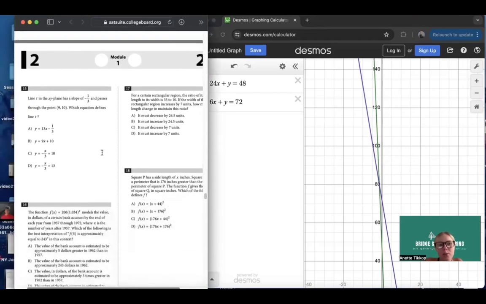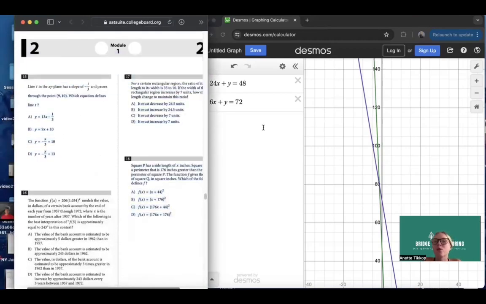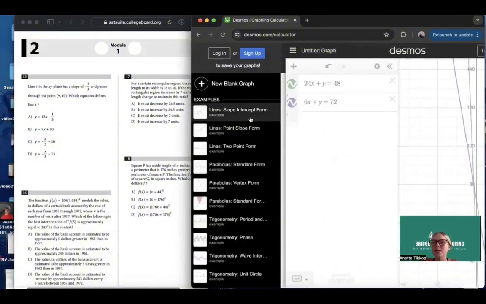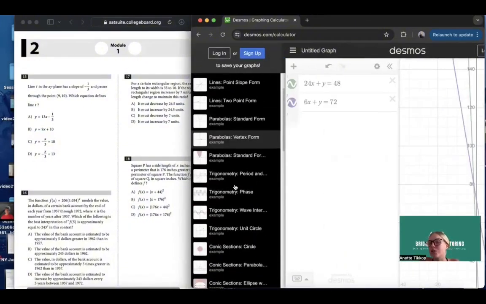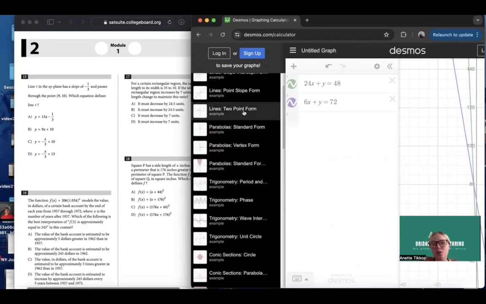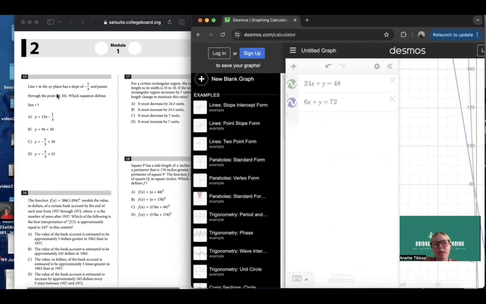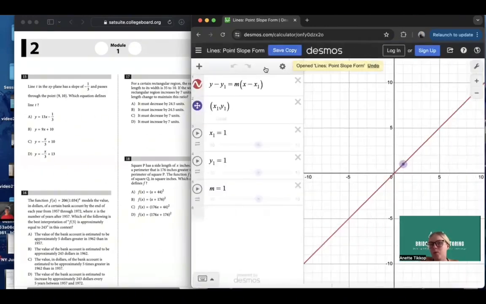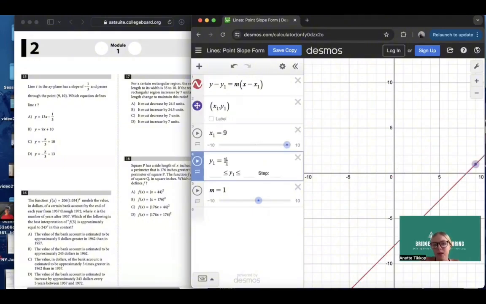Line T in the xy-plane has a slope and passes through the point. So the cool thing is Desmos has built-in functions here, depending on what type of equation you're talking about. In this one, this would be a point and a slope, so we use point-slope. We open this. We have a bunch of values here, x1, y1. Now in here, they're giving us 9, and the y value is 10.